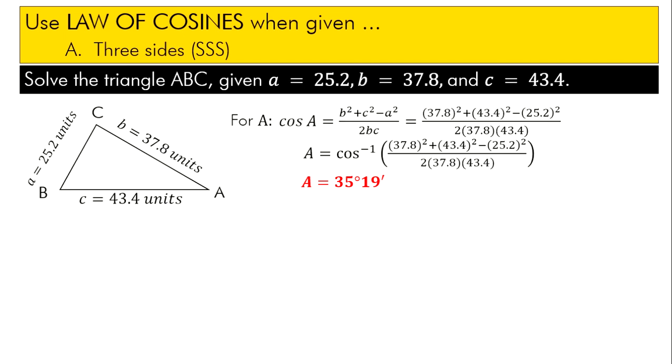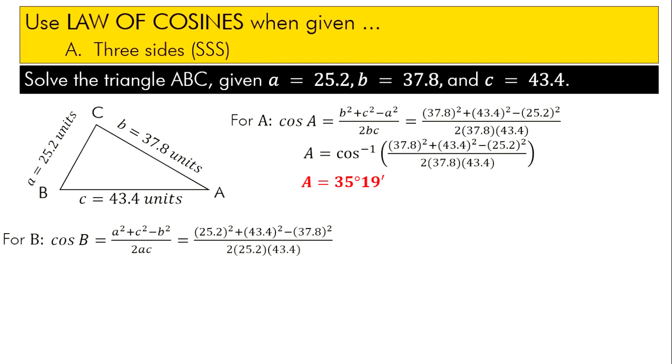Same procedure for angle B and angle C. Just use the cosine law, then manipulate it. For B, we have cosine B is equal to A squared plus C squared minus B squared all over 2AC.